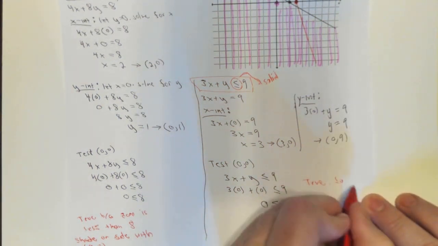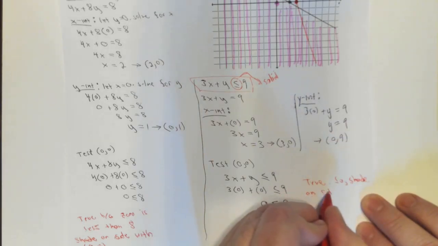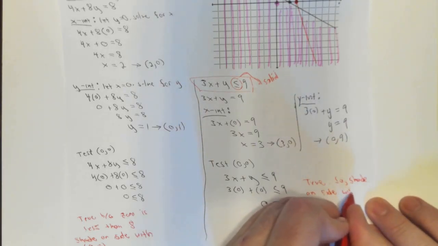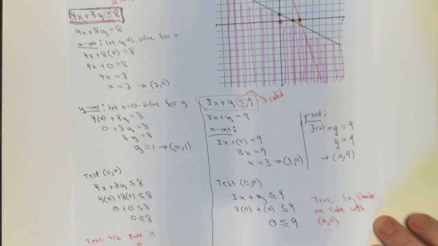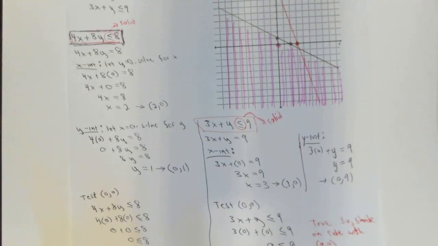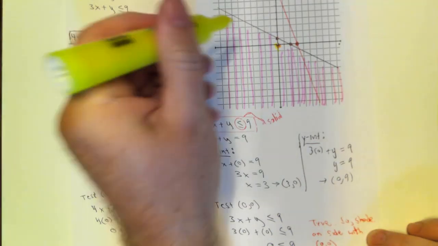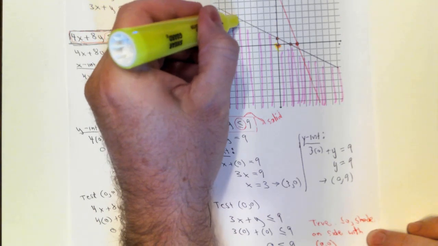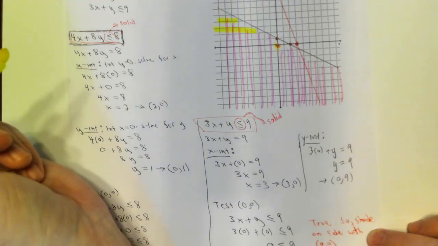So, shade on the side with 0, 0. Well, here's 0, 0. See if this shows up. All right, so I'm going to shade left to right. Well, luckily I'm in the right spot. I was messing up.